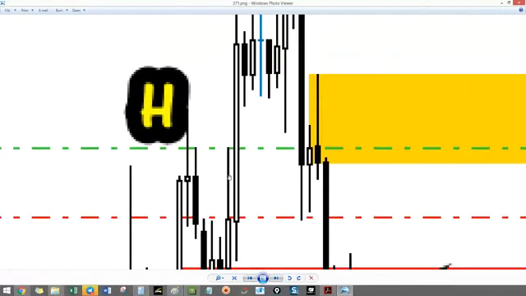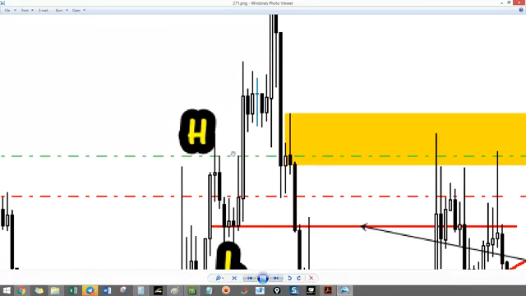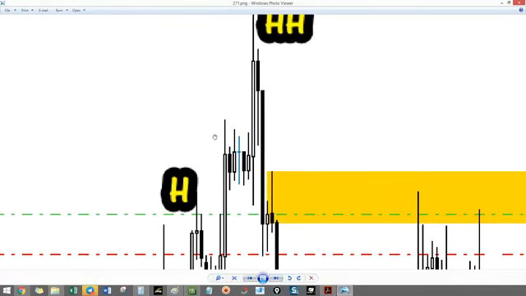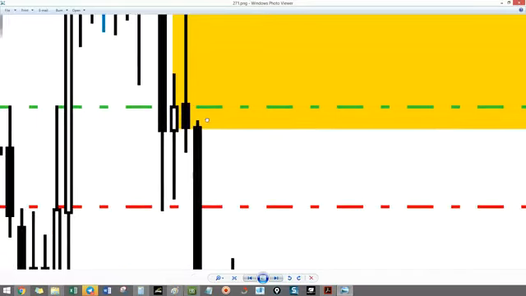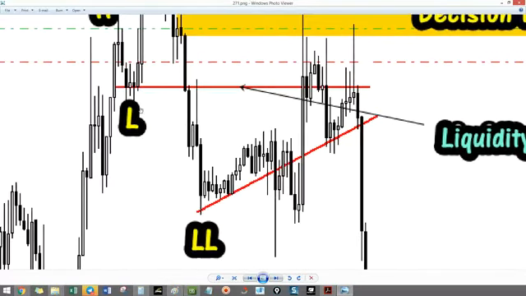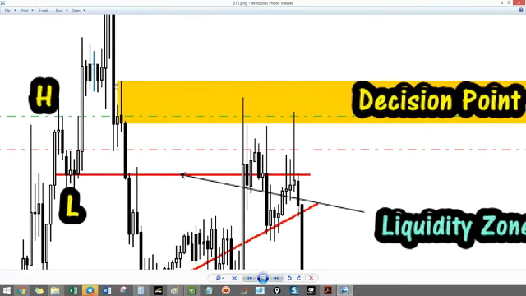This is the resistance, and then it create the flat here. No, the flat is over here, and then it break and create another flat here, and then it broke the demand. This demand also being broken, and then it return back to this MPL.